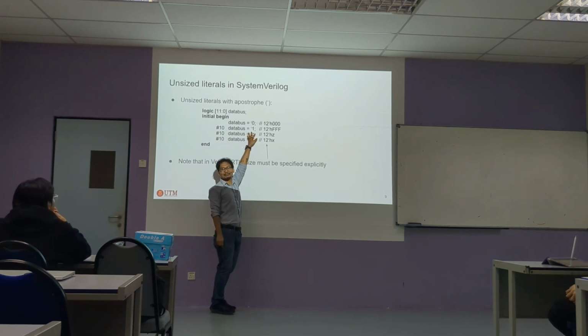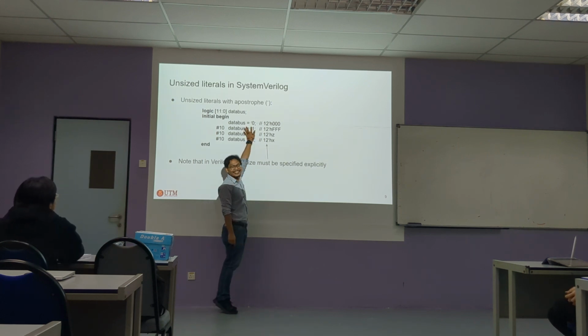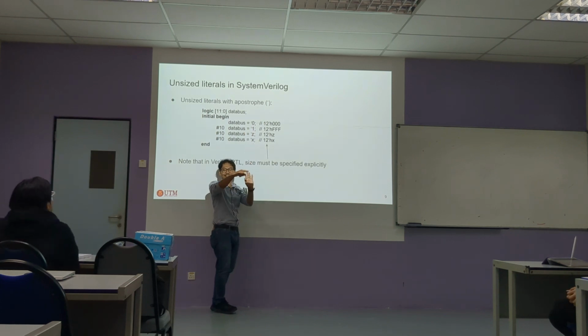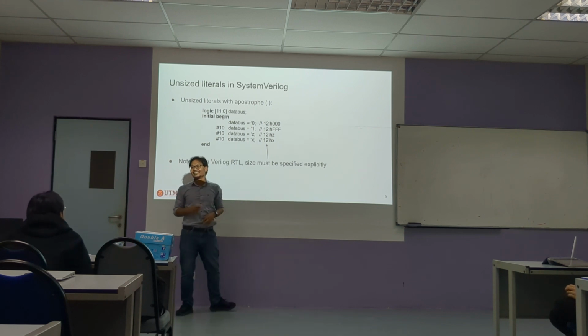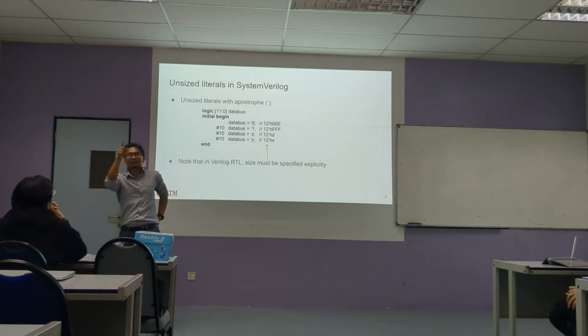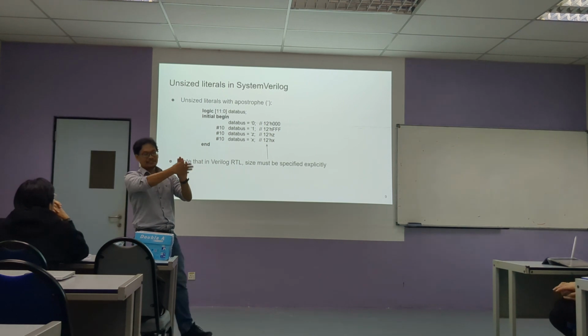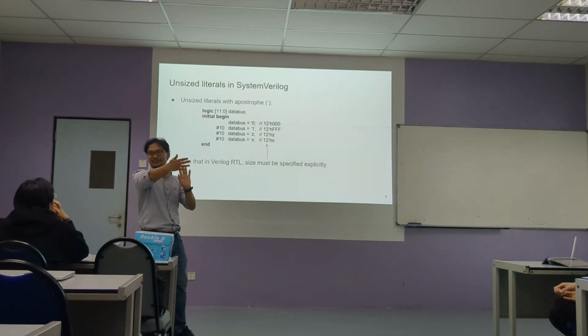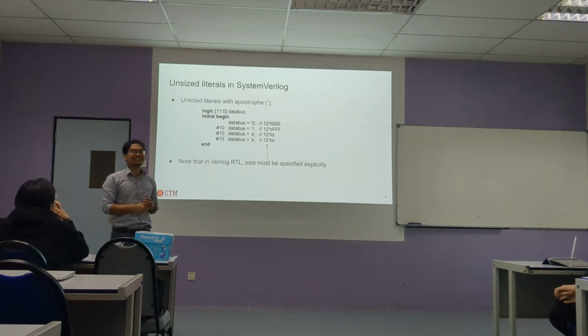Not 100% sure, tapi my opinion je. Kalau you nak 1, you buat apostrophe. Kalau you letak apostrophe, it means that you want setiap bit tu 1. Make sense? Tapi kena check, kena run.